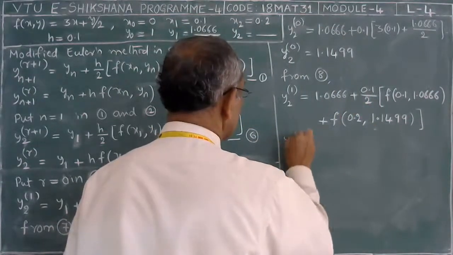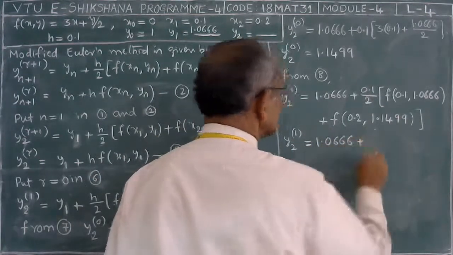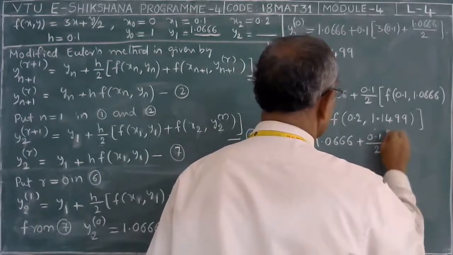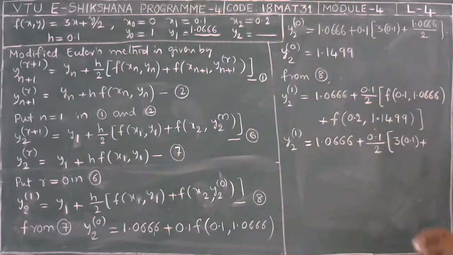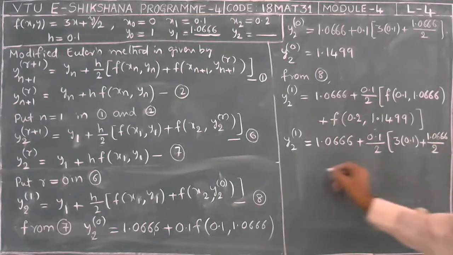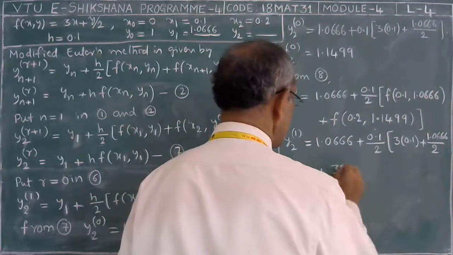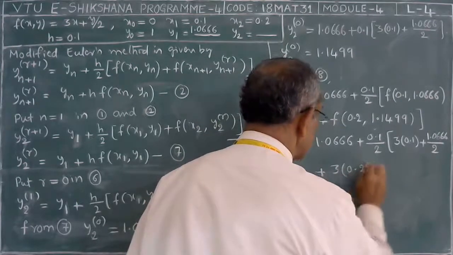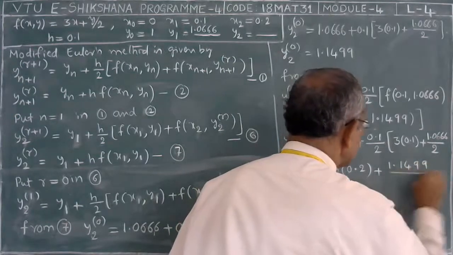So y2 1 is equal to 1.0666 plus 0.1 divided by 2 into 3 into 0.1 plus 1.0666 divided by 2, plus 3 into 0.2 plus 1.1499 divided by 2.